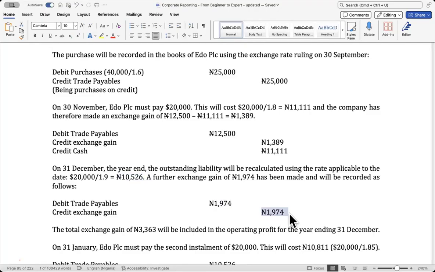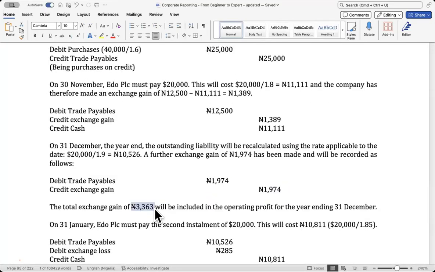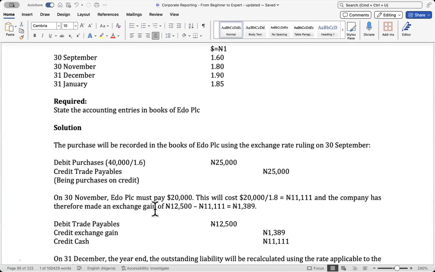So we have made two gains now as at the end. One was at the date of the first settlement, a gain that we put to P&L of 1,389, and we made another gain at the end. So we have made a total gain of around 3,363. Okay, that's that at the end.